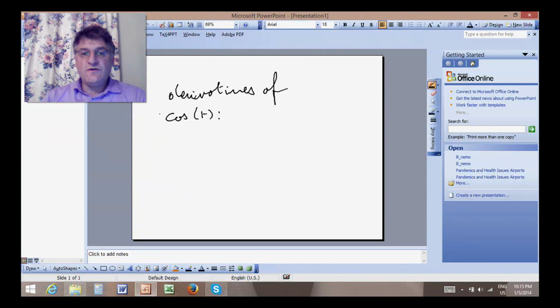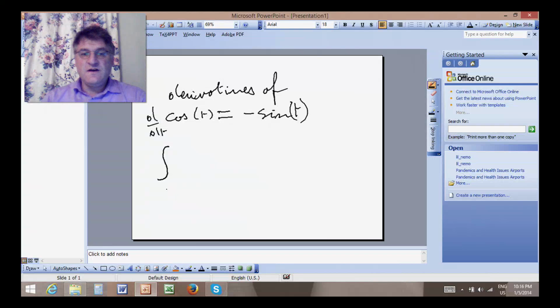We know that d dt of cosine of t is equal to minus sine of t. Now, in the Laplace transform domain, what is the Laplace transform of cosine of t?